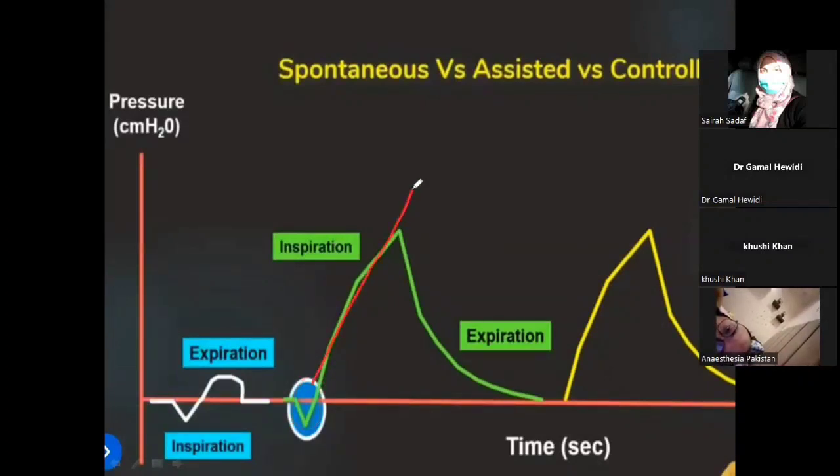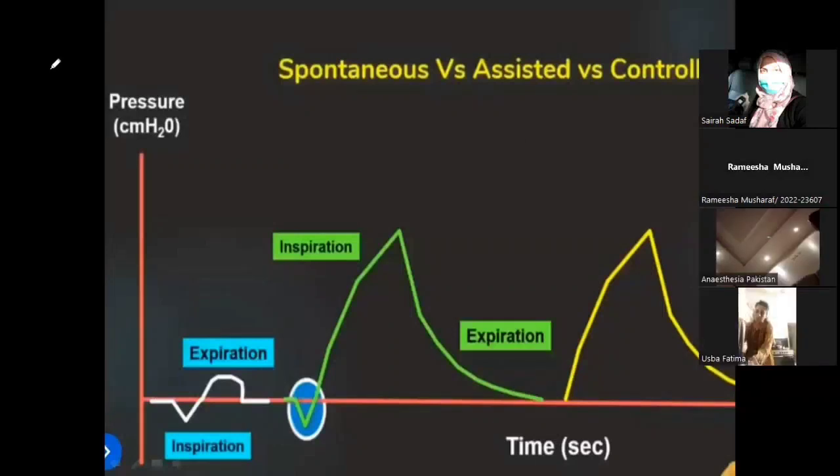It's taking it up, lifting it up. This is the assisted mode, assisted pressure curve. And then when you see nothing going beyond zero and it's totally positive, it will be controlled or controlled mechanical breath. Okay, I hope until this slide, everything is clear about the pressure curve. I hope you all are with me.